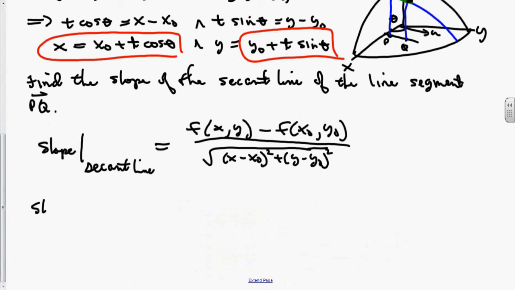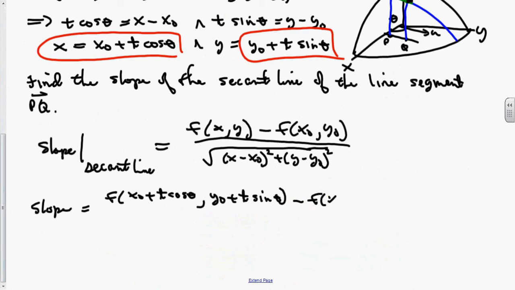So this slope gives us f of, here x becomes x naught plus t cosine theta, comma, y naught plus t sine theta, minus f of x naught, comma, y naught, all over.